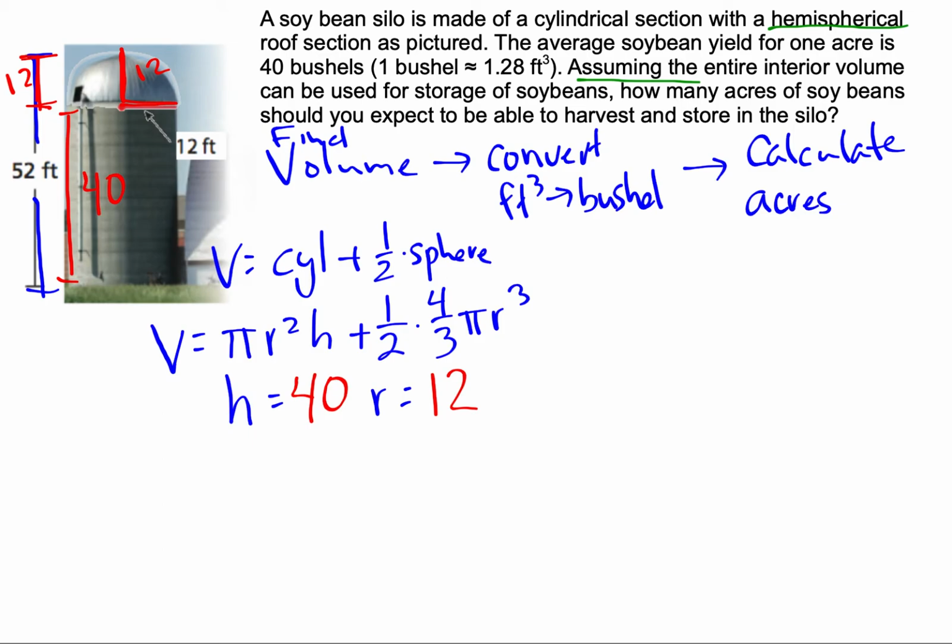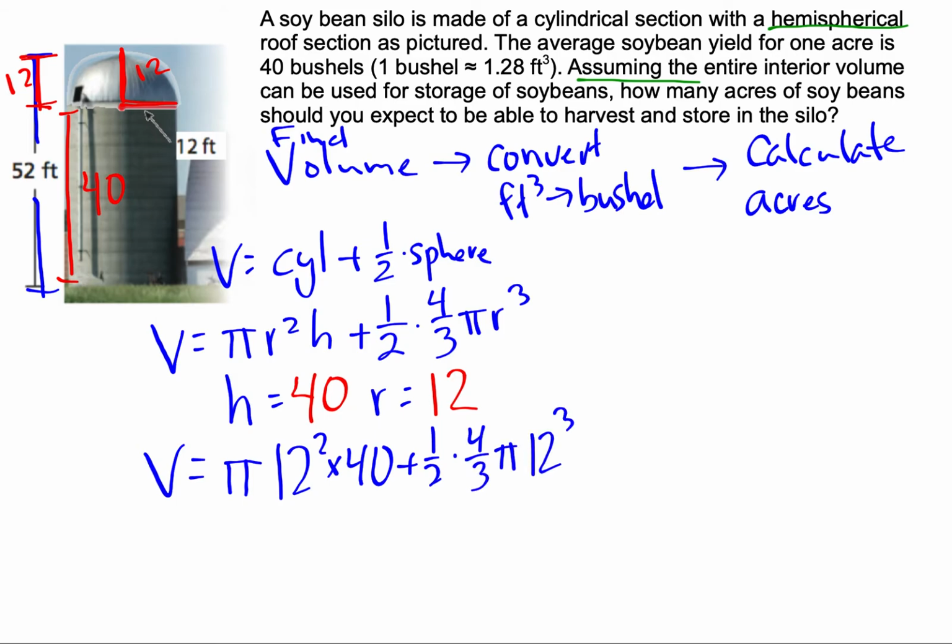Okay, we are good to go with plugging this in and finding the volume now. Pi times 12 squared times 40 plus 1/2 of 4/3 pi 12 cubed. All right, now I go to the calculator. Pi times 12 squared times 40 plus 1/2 times 4/3 times pi times 12 to the third power.